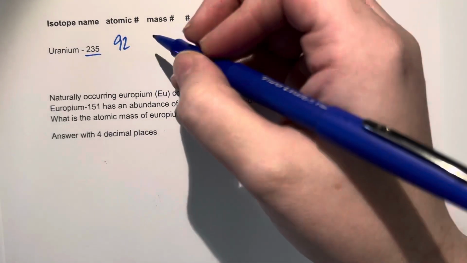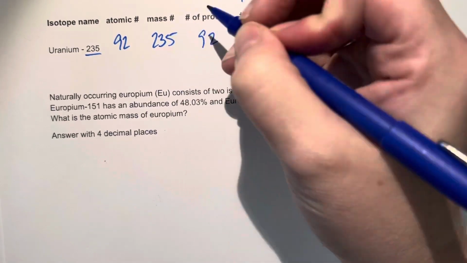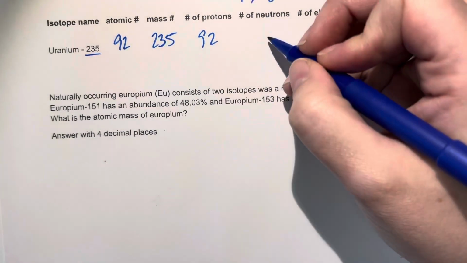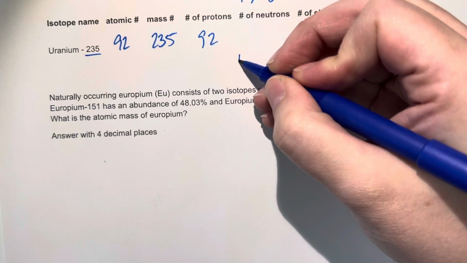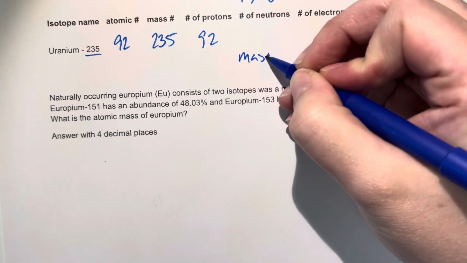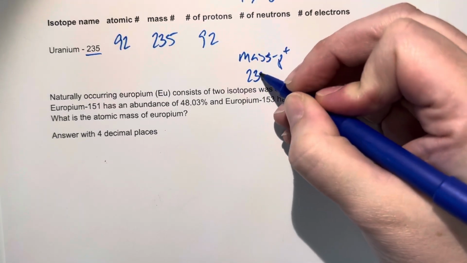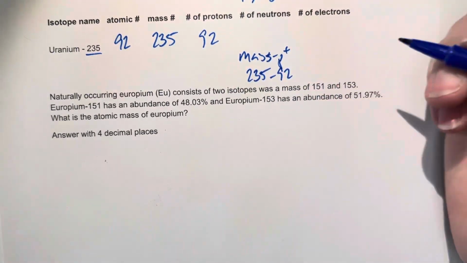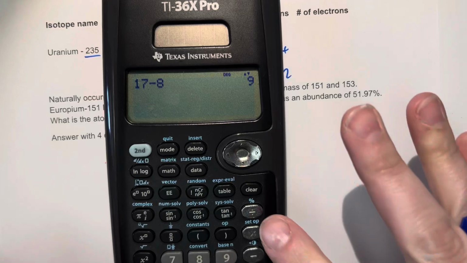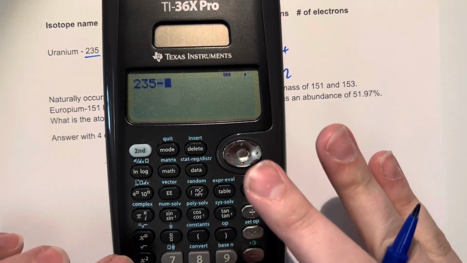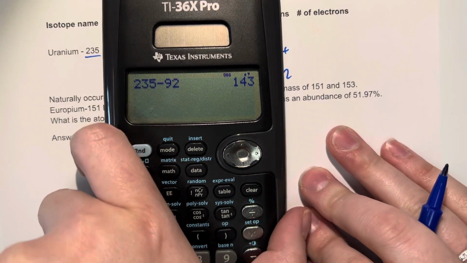So uranium-235, the 235 is my mass number. My number of neutrons is going to be mass minus protons. So 235 minus 92. Gives me 143.